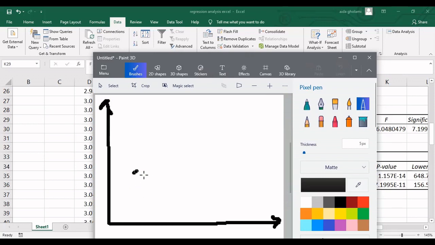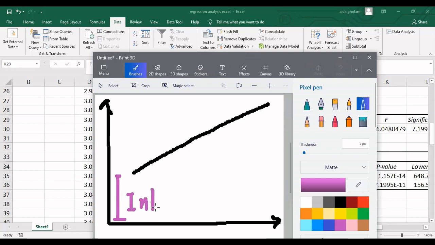So if this is our regression line, then we know that this distance is intercept, and then we have this, let's say beta 1, as the slope of this line.